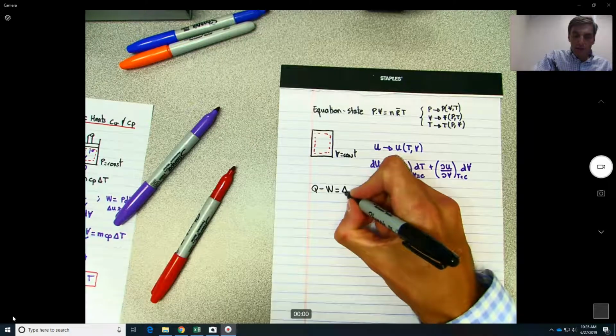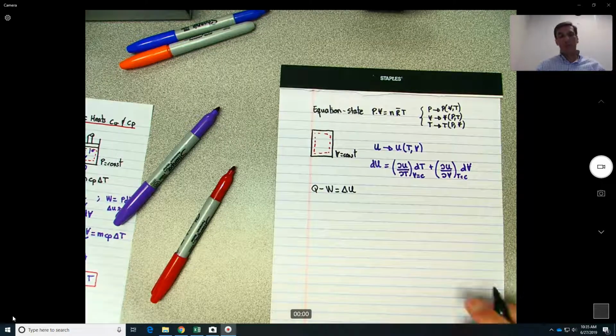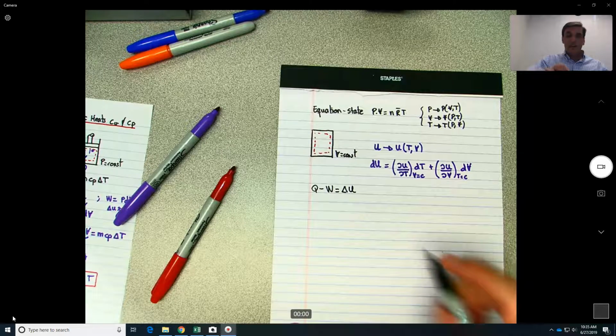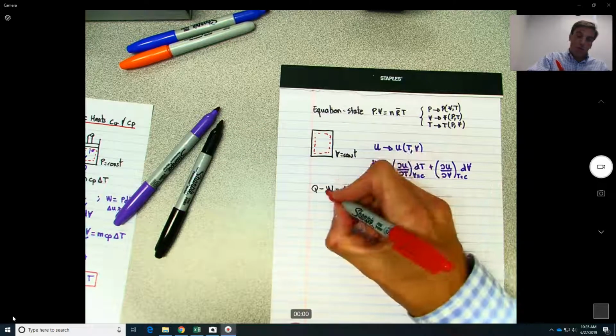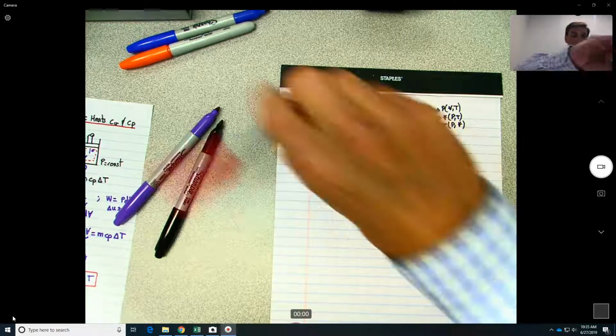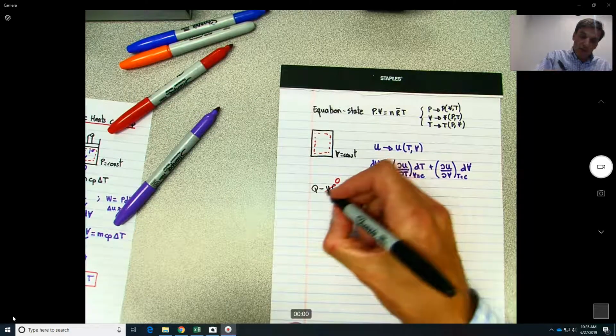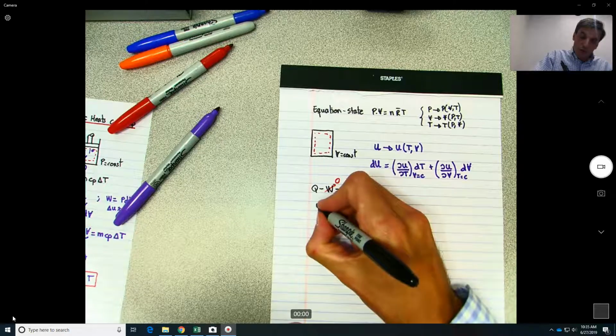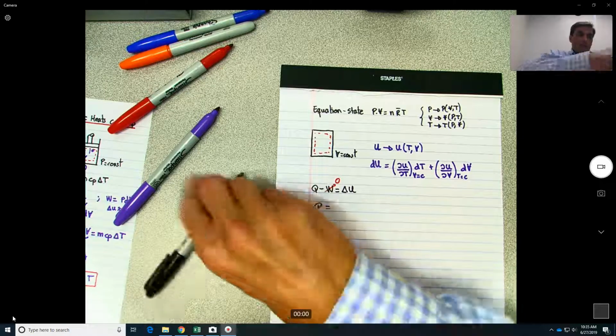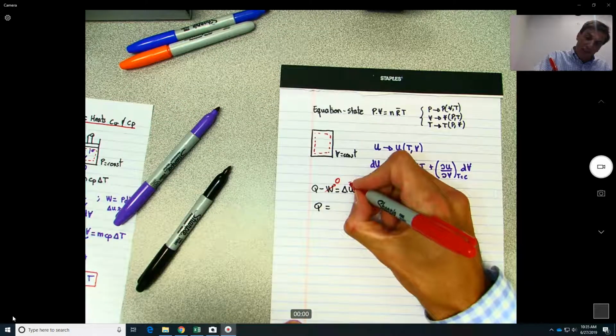Okay, so if we use this relation to rewrite the first principle of thermodynamics equation, neglecting the potential and kinetic energy, we have this. In this case, there is no work, so this is 0. So what do we have? Q, and this is basically the same thing as dU.